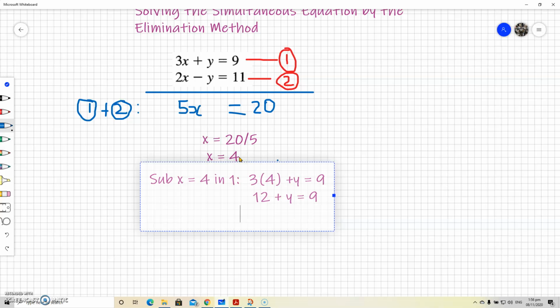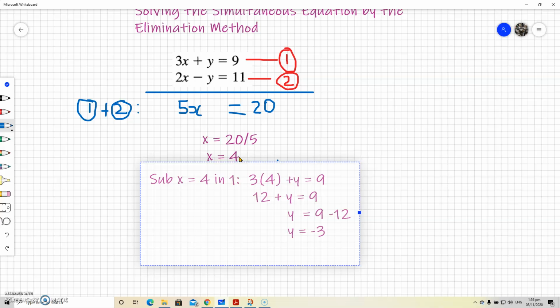So y is equal to 9 minus 12, which gives you y is equal to negative 3. So, just to summarize, x equals 4 and y is equal to minus 3.